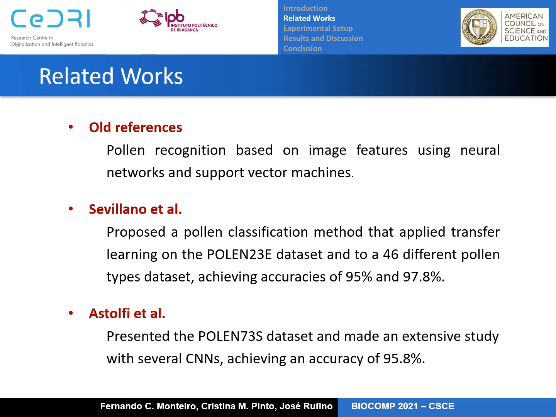Astolfi et al. in 2020 presented a new dataset with 73 pollen types and made an extensive study with several CNNs that served as basis for our work, achieving an accuracy of almost 96%.